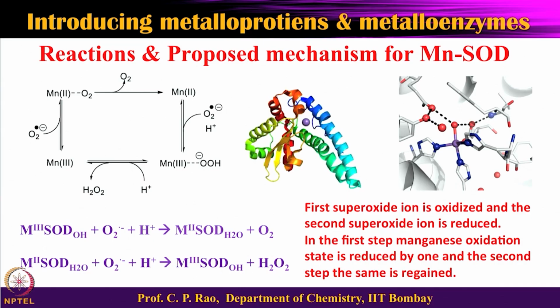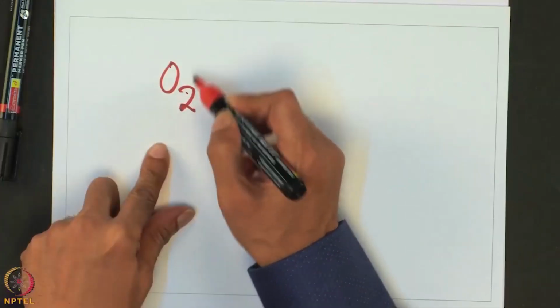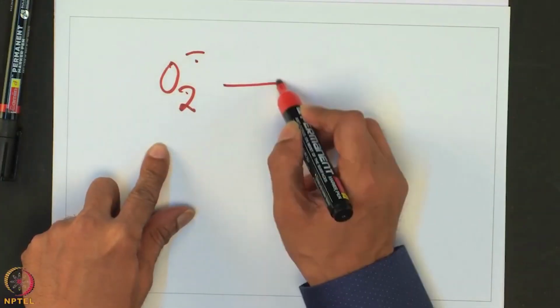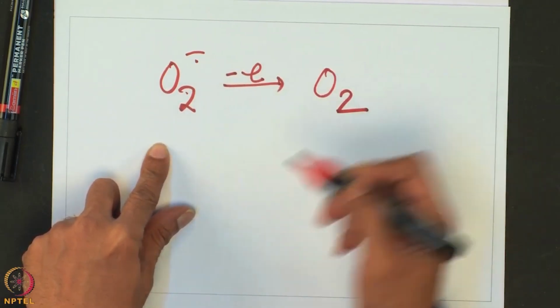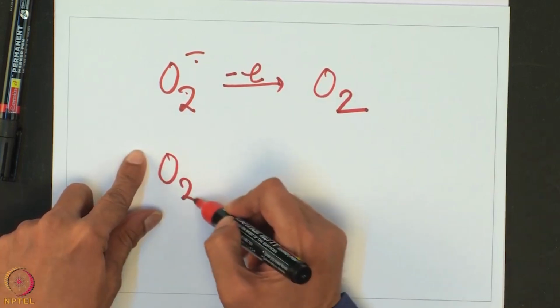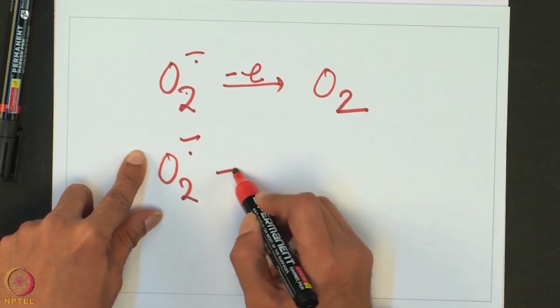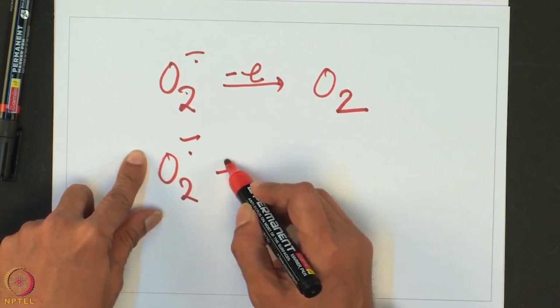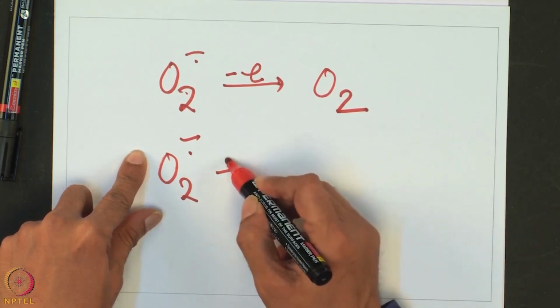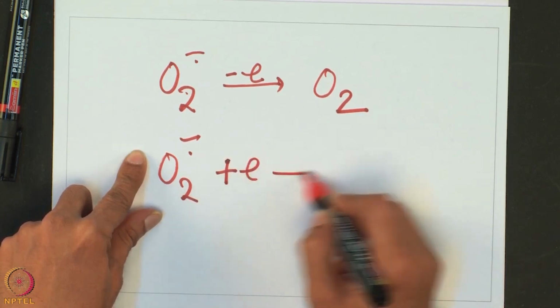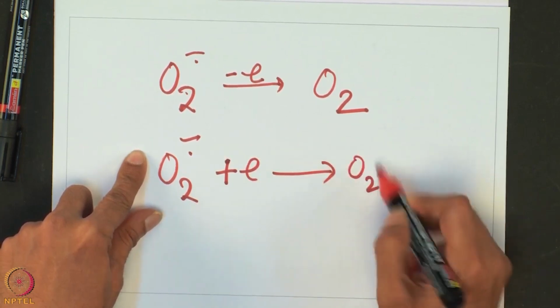When the O2 minus dot is reduced, it will become O2 2 minus. In the first stage you have O2 minus dot, and this gives away an electron, so it gives O2. In the second step, O2 minus is added, and you are taking the electron to this, and that gives O2 2 minus.